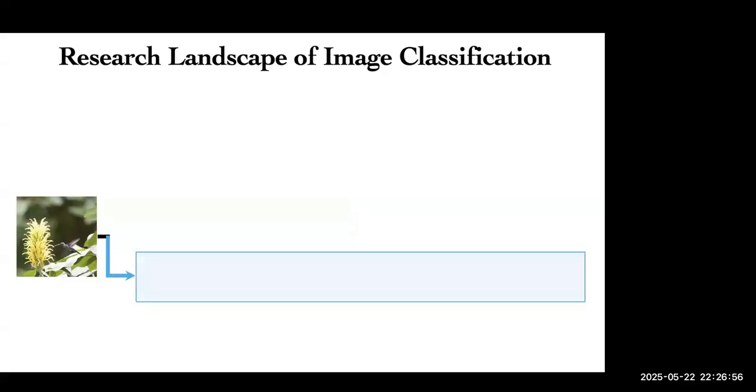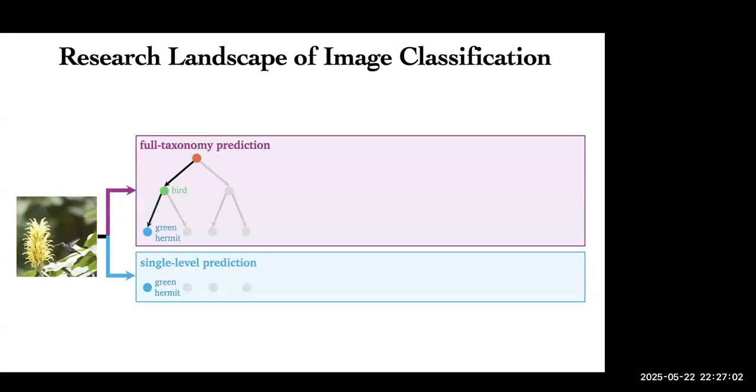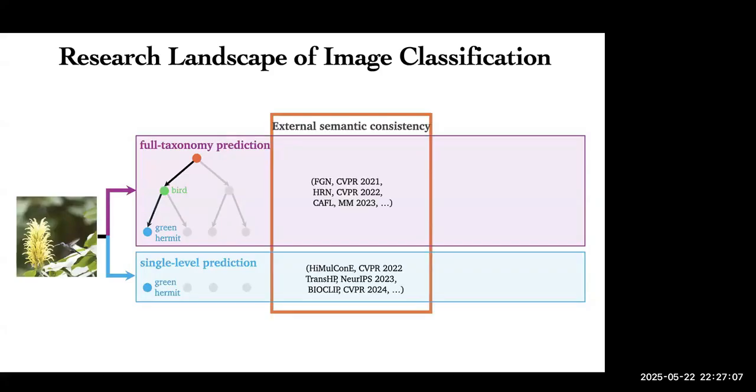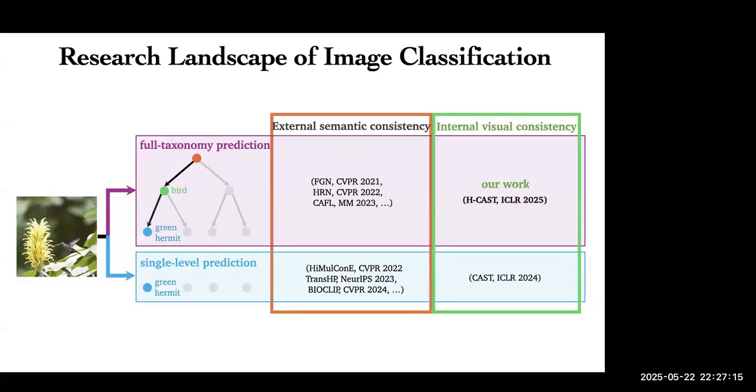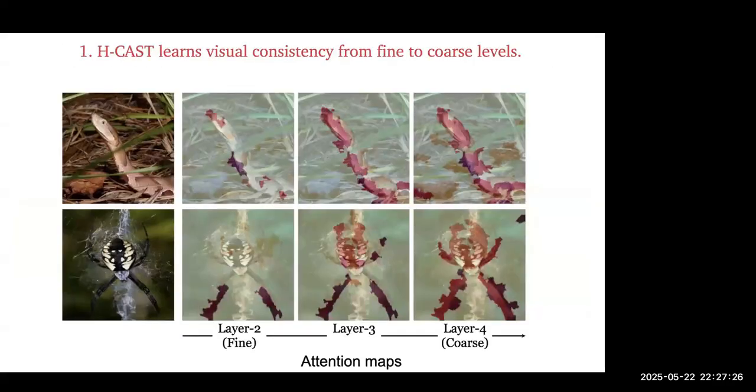If I have to draw the research landscape of image classification, most work is focusing on single level prediction. And then there's hierarchical prediction, where you predict the full taxonomy. All the work out there is enforcing additional semantic constraints. You just enforce external semantic consistency. Our work, last year's CAST is the one I just introduced, versus this follow-up work, which deals with internal visual consistency for classification.